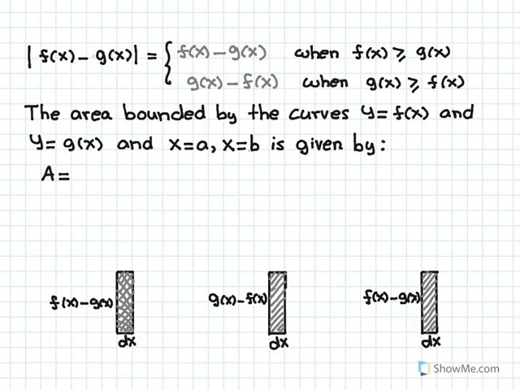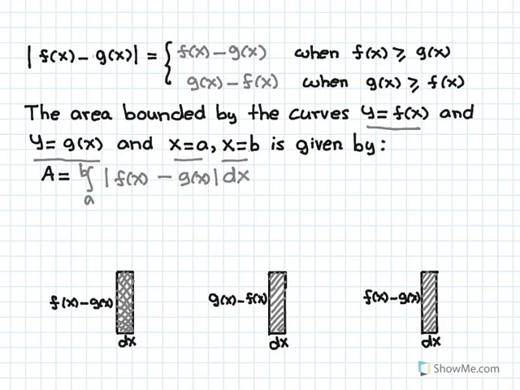So the area bounded by the curves y equals f of x and y equals g of x and x equals a, x equals b is given by area equals integral a to b, absolute value of f of x minus g of x dx.